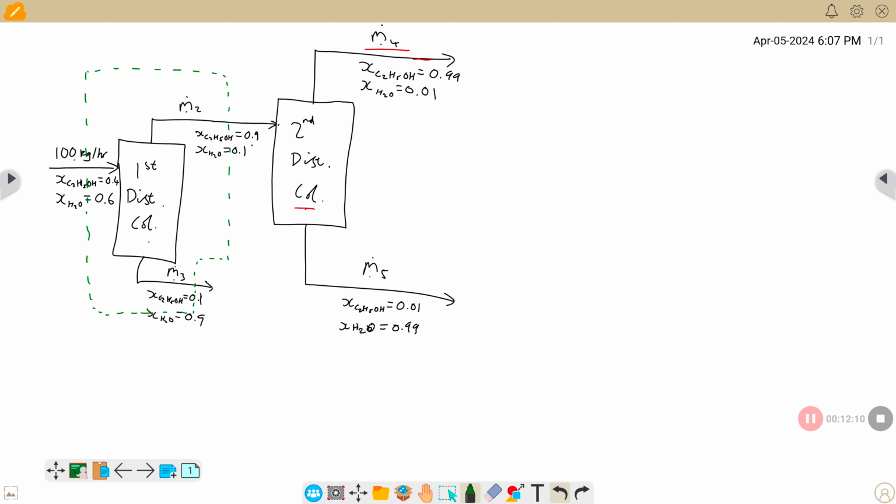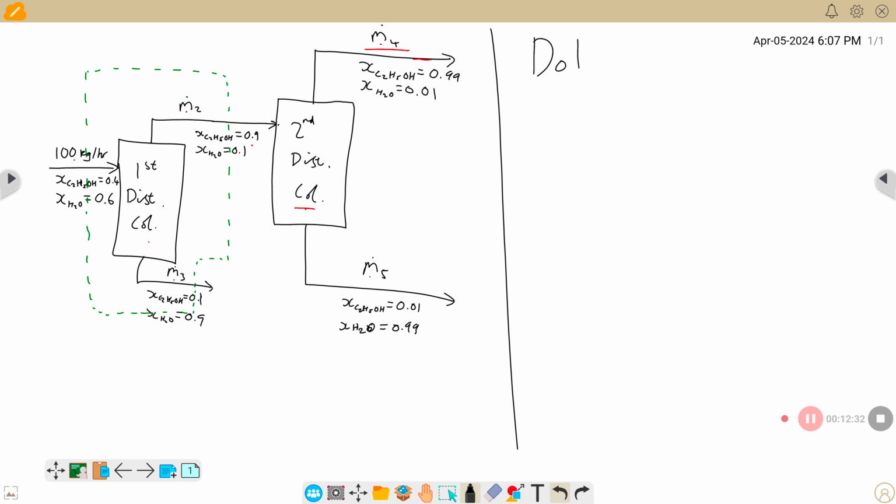That means the M4, we're unconcerned with that. M5, we're unconcerned with that, right? But the feed stream, M2 and M3, we are concerned with because these are streams that are either entering or leaving the first column. So for our degrees of freedom analysis, that might look like this.